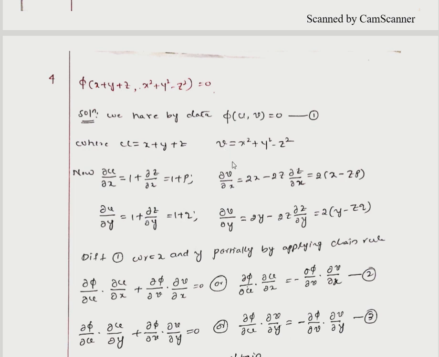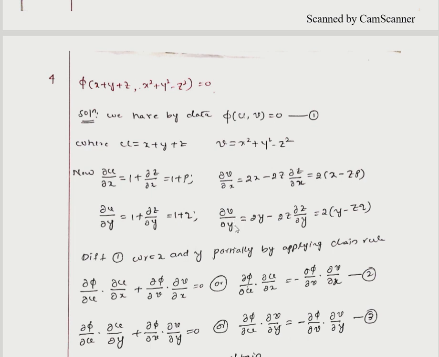Next, ∂v/∂x is equal to the differentiation of x², which is 2x, plus, with respect to x, y² is constant, 0, minus the differentiation of z² with respect to x, 2z times ∂z/∂x. In these two terms, 2 is common, therefore the required term is 2(x − z p).